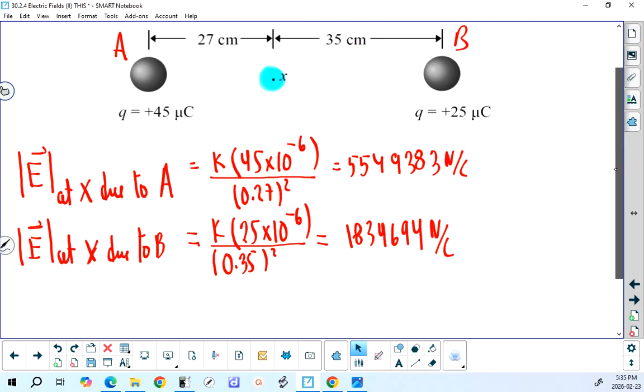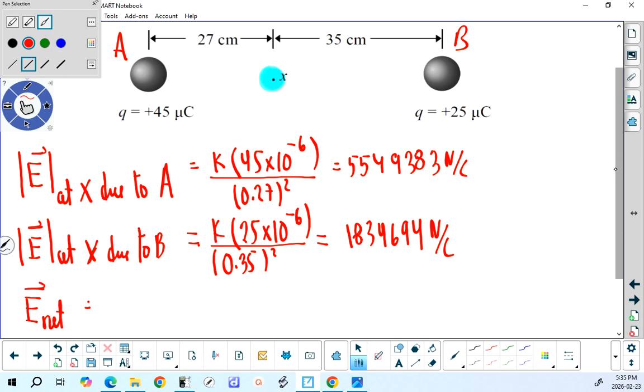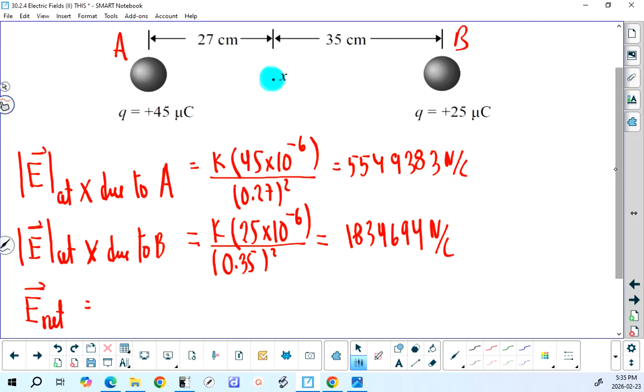These two source charges create individual electric fields of these magnitudes. What's the net electric field? Well, the net electric field will be what we get when we add these two together. But wait a minute here. What is the direction of this electric field? Well, we put an imaginary positive test charge here.